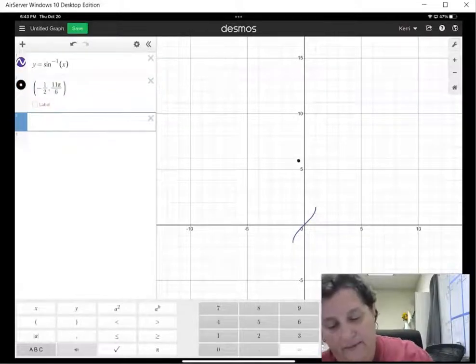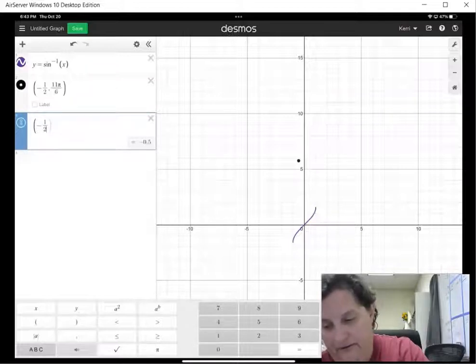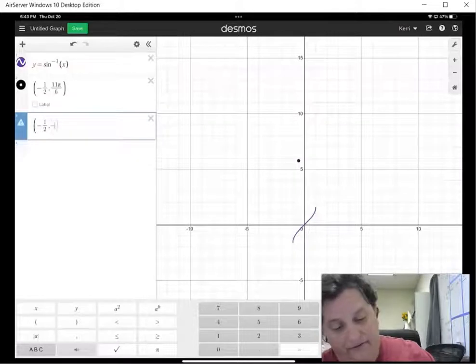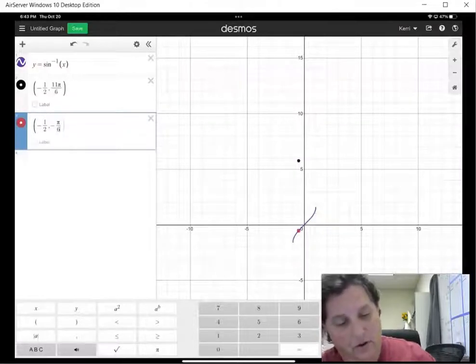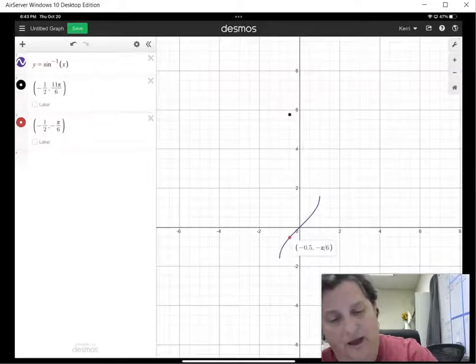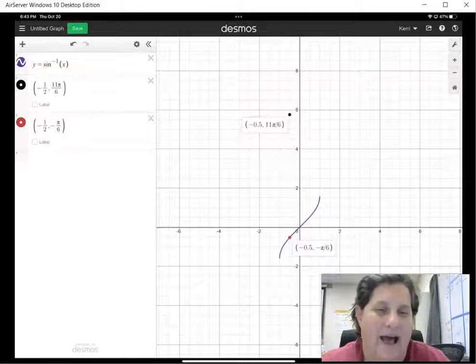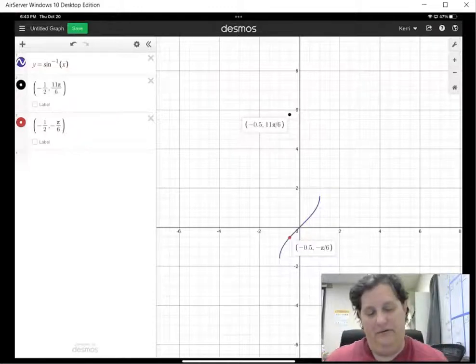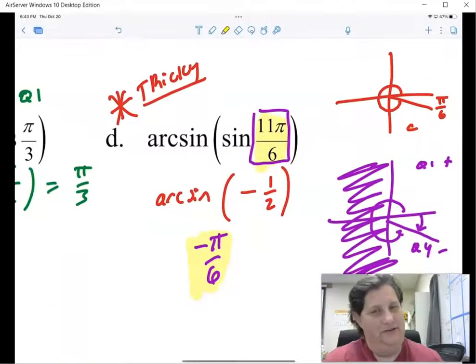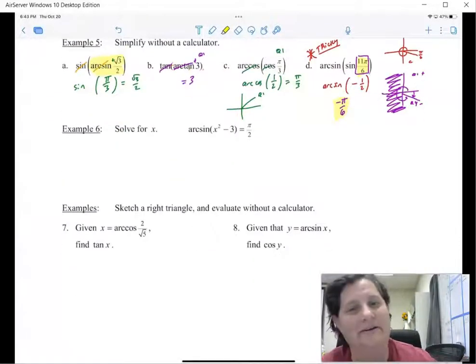That's not on my graph, right? But the point negative 1/2, comma, negative pi over 6. Woo, on my graph. You guys see the difference? So that one's cool. That one, no bueno. So we have to switch it around a little bit. I hope this makes sense, you guys. It might not, but whatever. Luckily, it's a pretty small topic.